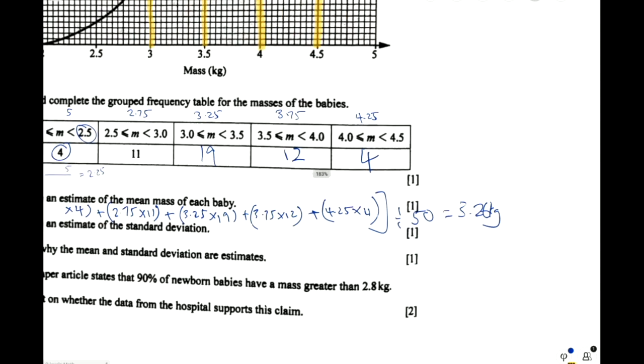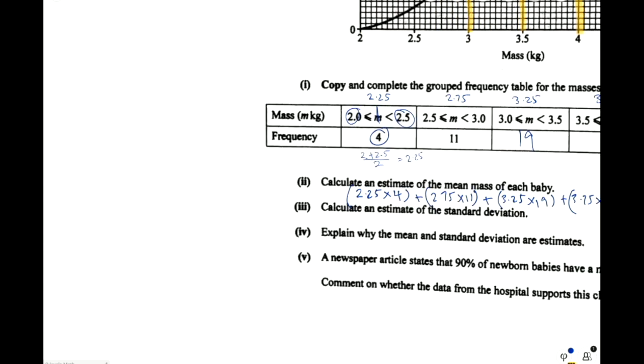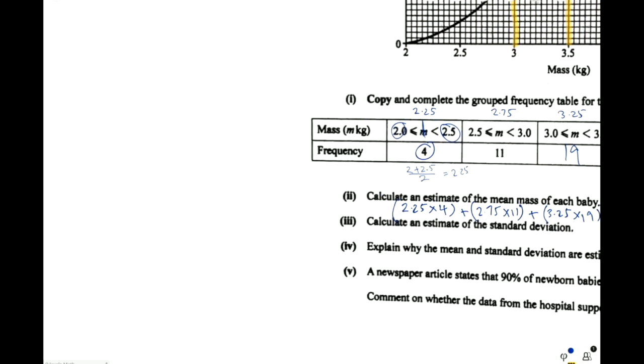Alright? Okay. Next one, calculate an estimate of the standard deviation. So for standard deviation, you have to use the standard deviation formula. Do you know the standard deviation formula? No. Okay, SD. Now in this case, I need a lot of space.